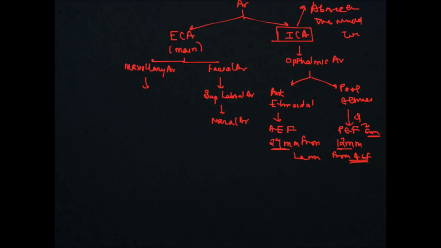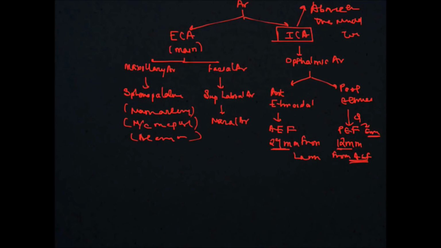Maxillary artery terminates in the sphenopalatine fossa, gives the sphenopalatine artery, which is the main artery of the nose. Main artery of the nose, most commonly involved artery in epistaxis, artery ligated in epistaxis.